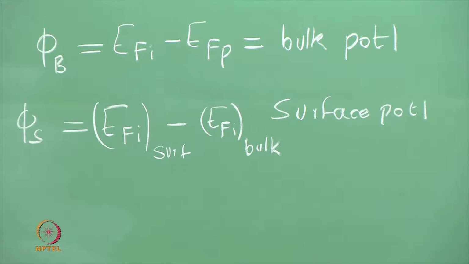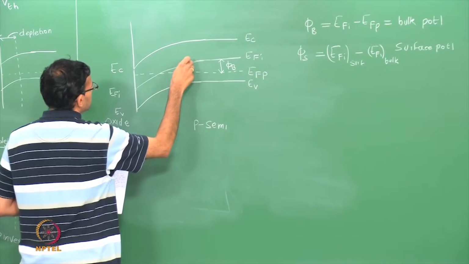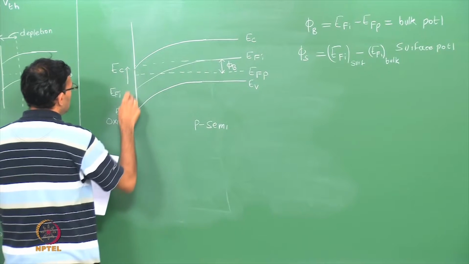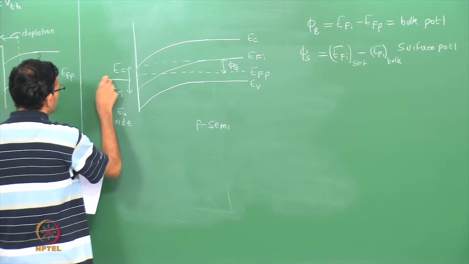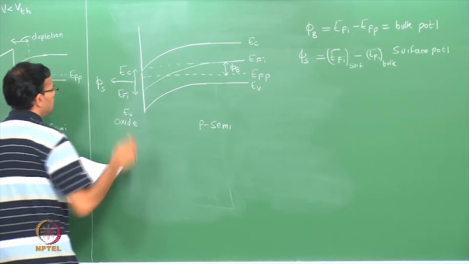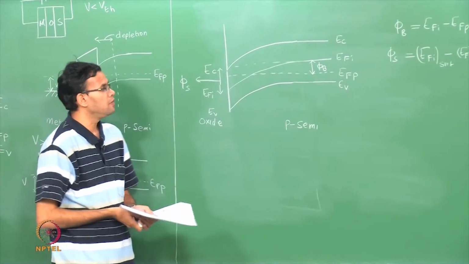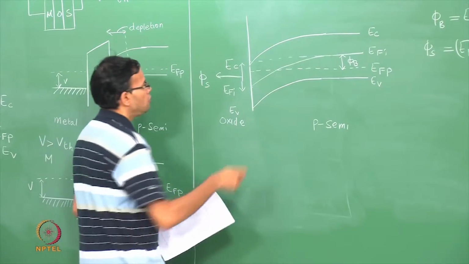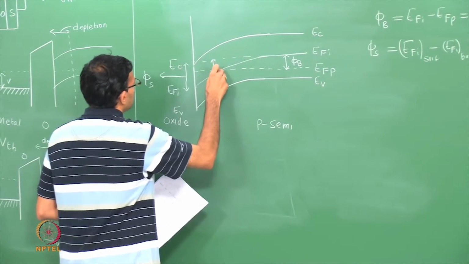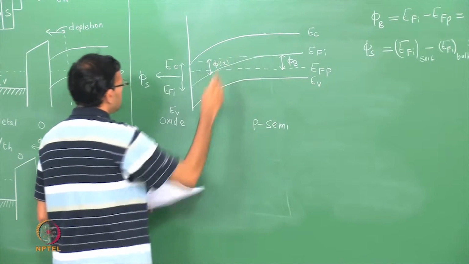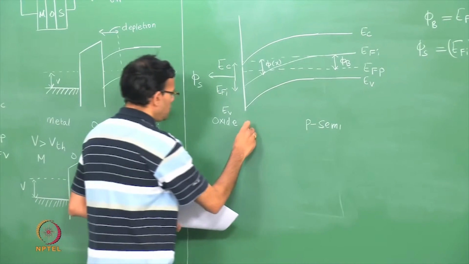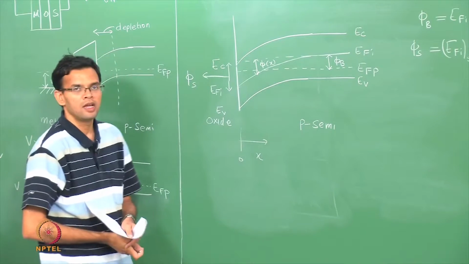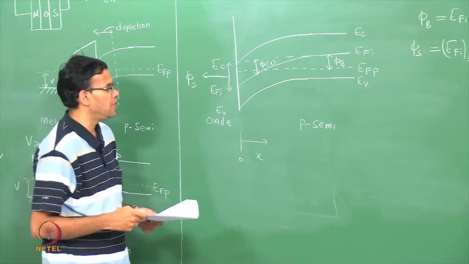If I were to draw this, let me just draw a dotted line, so that this is psi s. So we have a bulk potential, we have a surface potential. We can also define the potential at any distance x from the surface. So in this particular case, the surface is taken as 0 and x is the distance as we go into the material.